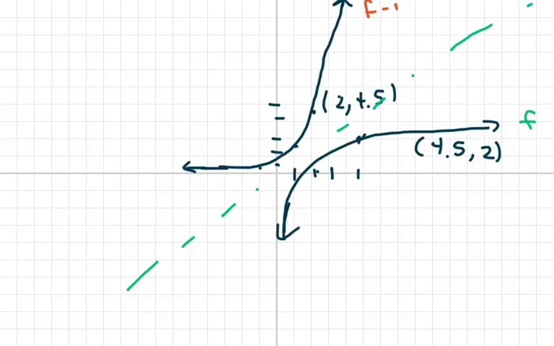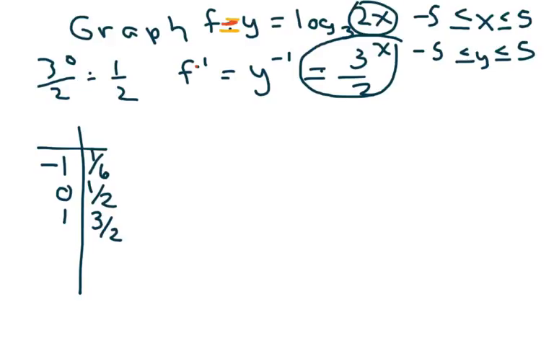So basically, I graphed -1 goes to 1/6, which should be down in here. And you should know what this looks like. 1 goes to 3/2. And 2 is going to go to 9/2. So, now let's go back to here.